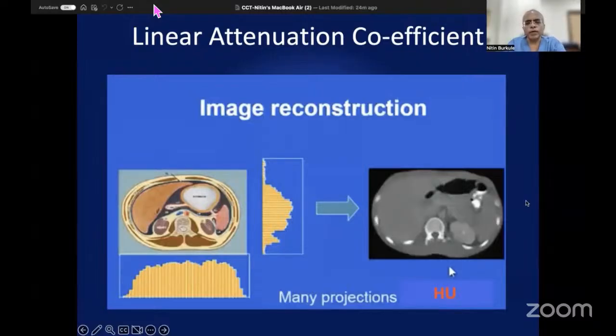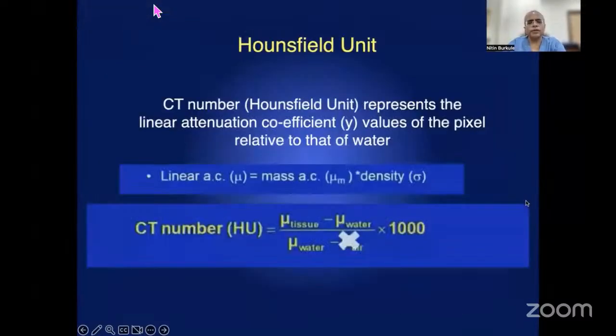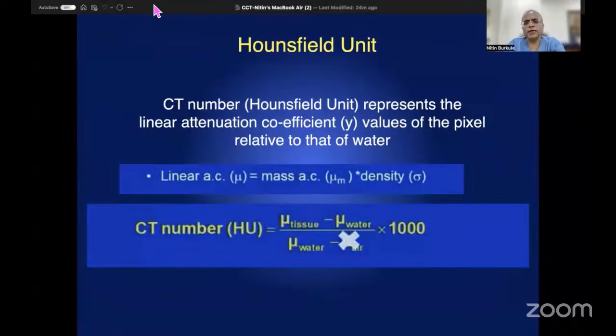So how do you calculate the Hounsfield unit? This Hounsfield unit, also called a CT number, is actually the linear attenuation coefficient through, say, bone, or muscle, or lung, or metal, relative to water. So the Hounsfield unit is always measured in comparison to water.